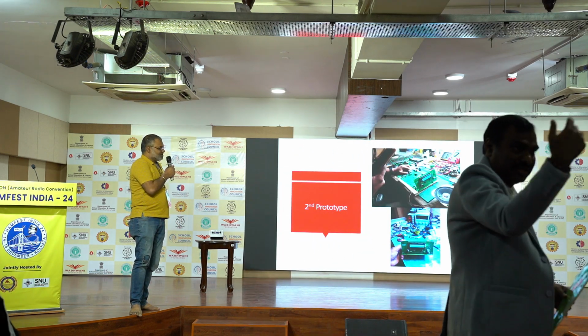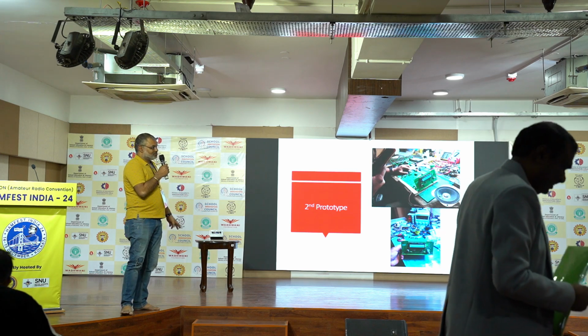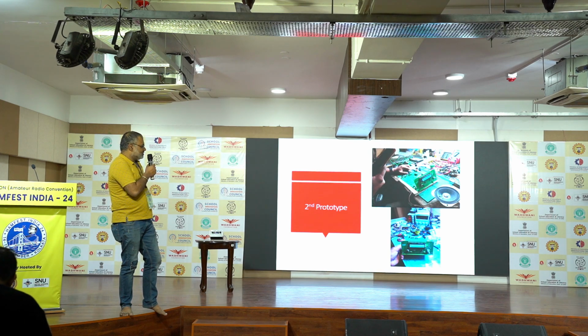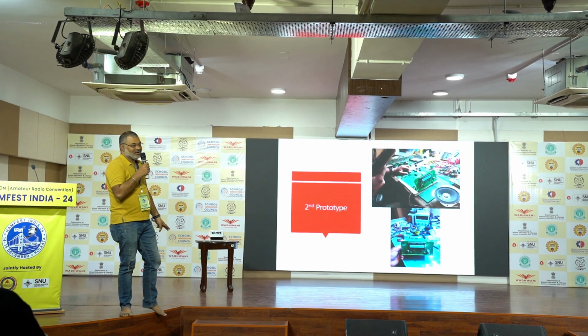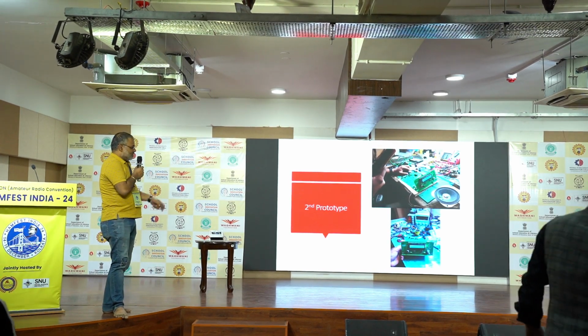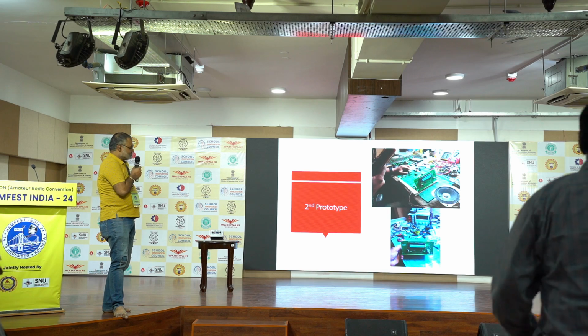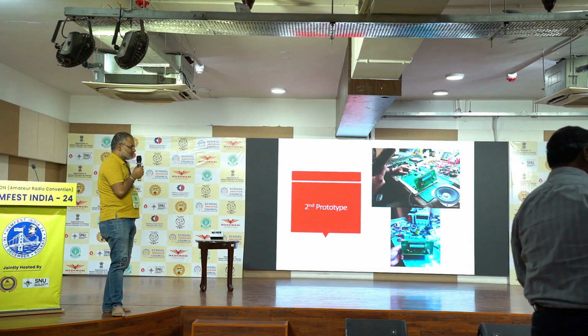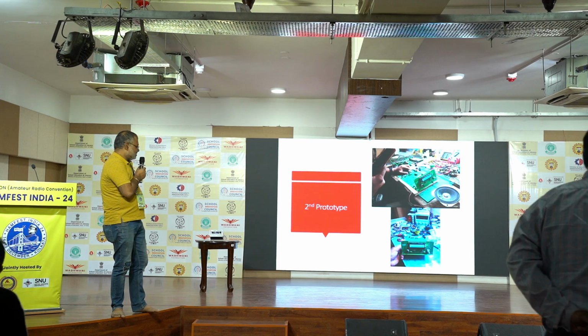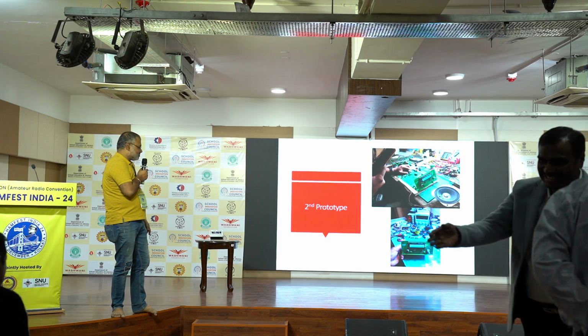So the input signal was not impedance matched to the output of the radio feed. So for that I was not getting good sensitivity on 10 meters. Plus the audio amplifier which I was using was not up to the mark, and it was having distortions. So this is the second prototype. Then I changed, go to the third prototype.